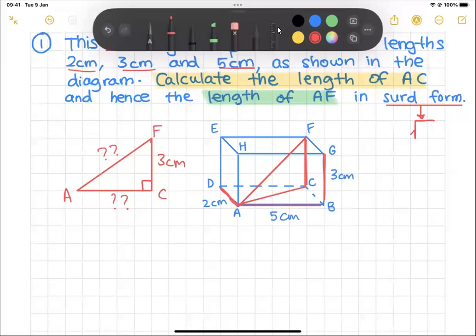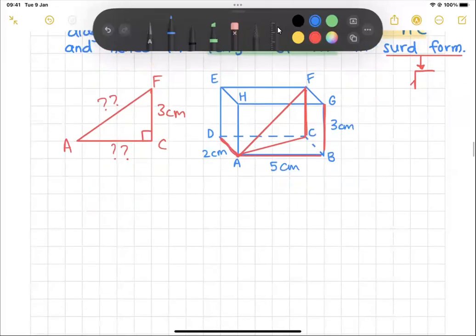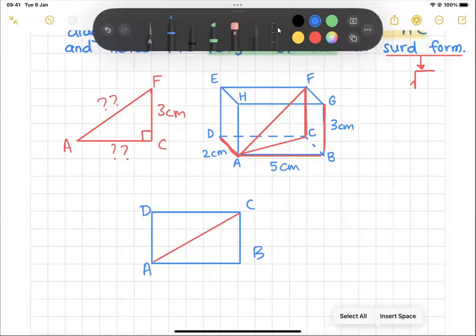AC is, if I were to draw the actual rectangle, the bottom rectangle of this rectangular prism, just like this, this will be AC. C, B, A, D. I know AD is 2 centimeters, the other side should also be 2 centimeters, and AB will be 5 centimeters. Looking here in this red, I know two pieces of information to help me solve AC.